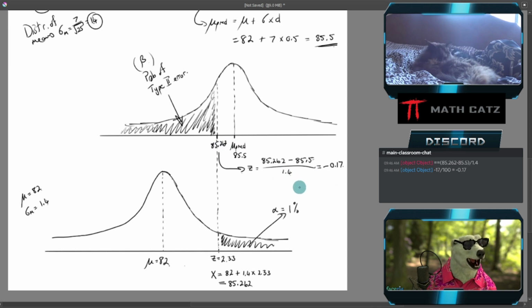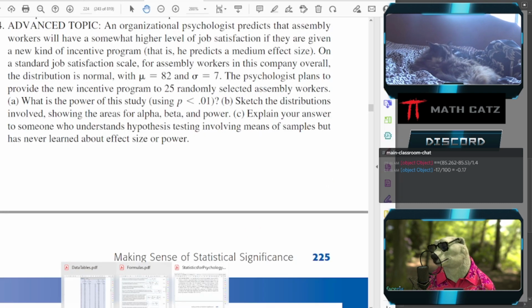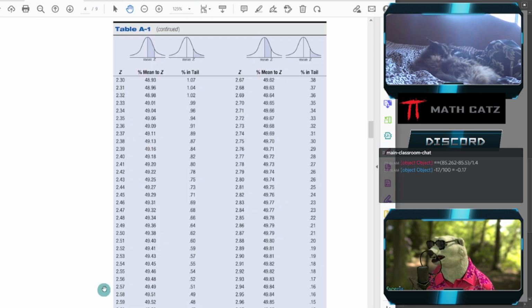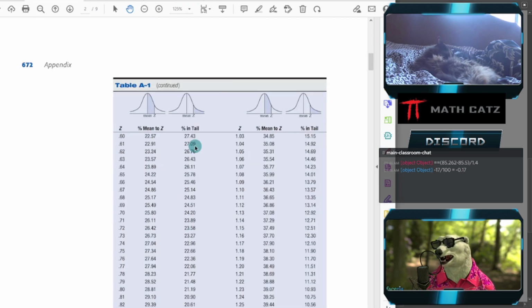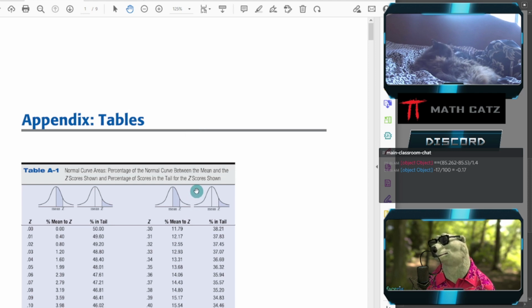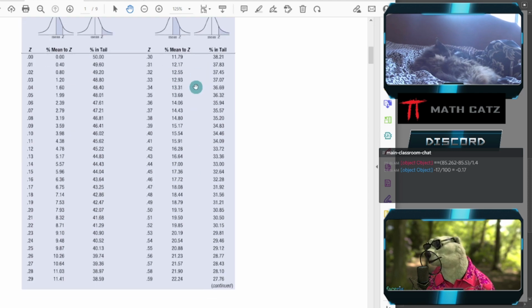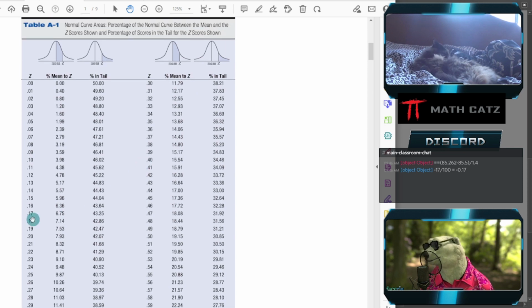So now we're going to look at our table, negative 0.17 for my z-score. Oops, not the book, the table, not the formulas, the table. Now these z-scores are all positive. I'm looking for 0.17. 0.17 is over here. So now we can do one of two things, I suppose.